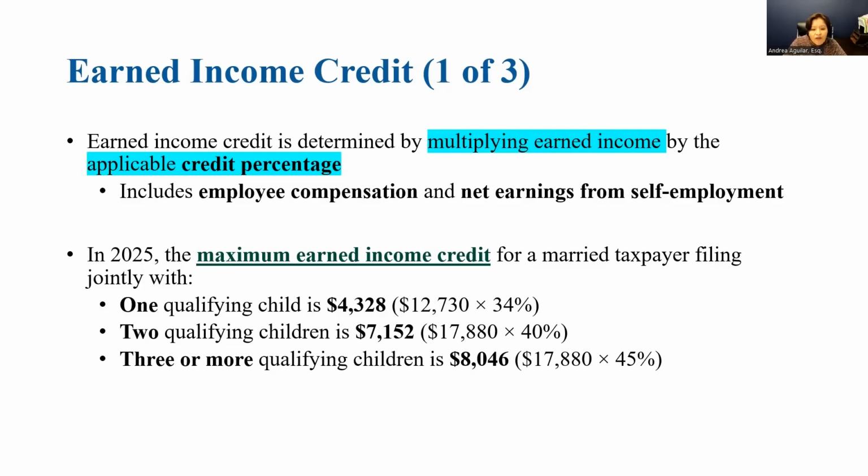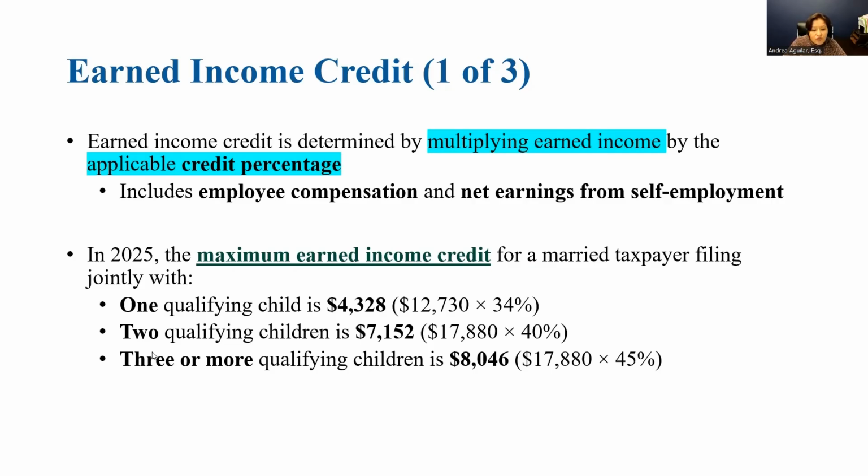For two qualifying children, the maximum earned income credit will be $7,152, which is the amount that you get by multiplying $17,880 times 40%.